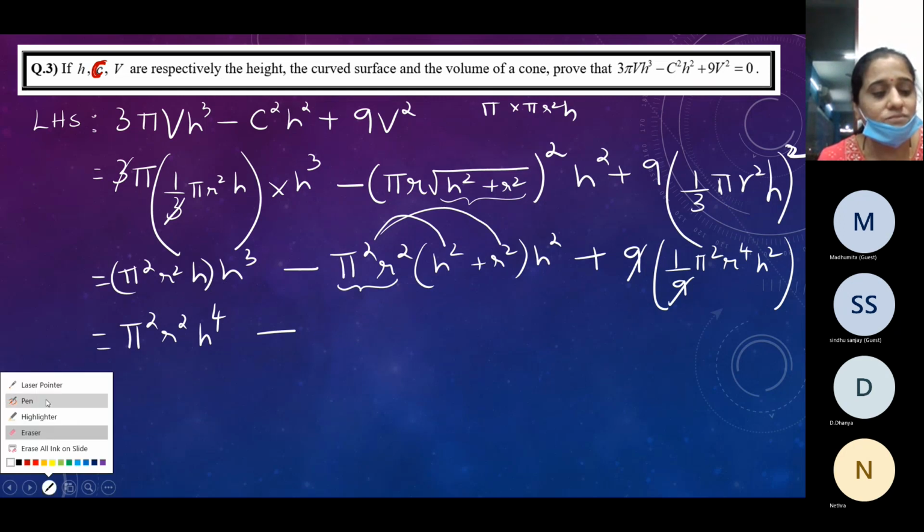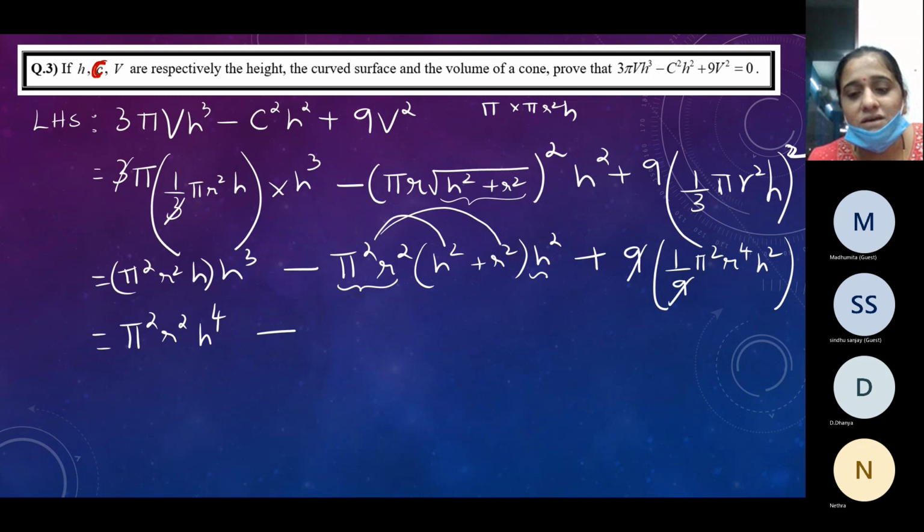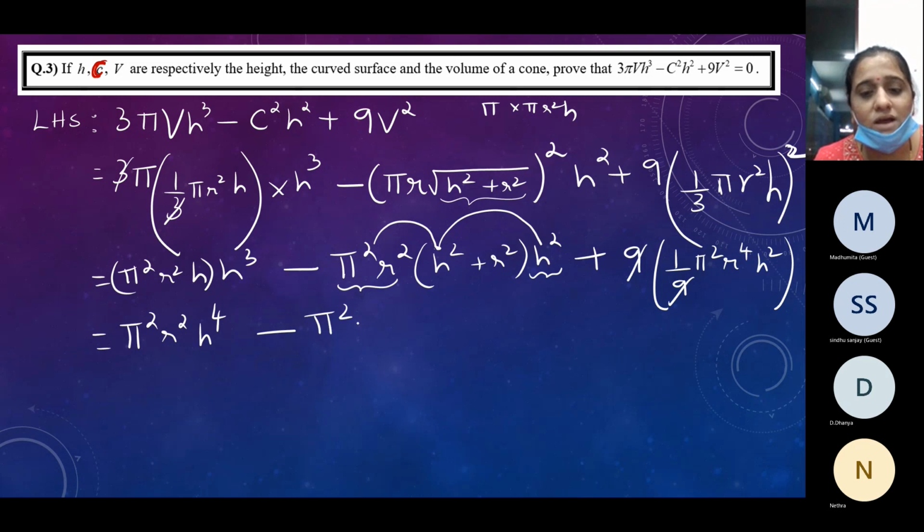See here. Multiply pi square r square with h square and this h square. So it will become pi square r square h to the power 4, correct?